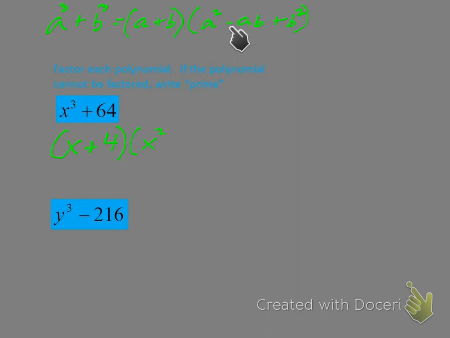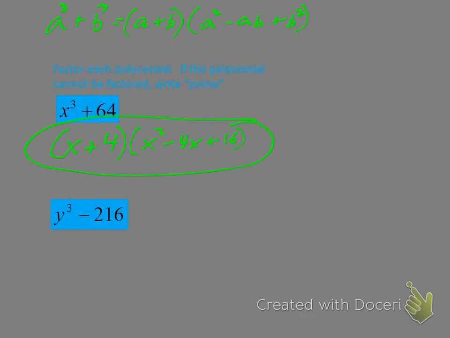These signs are always what you do, so the next sign is a minus. Middle term is A times B, so x times 4, which is 4x. Last sign is plus. And then you square the last number, 4, which is 16. And that's it.